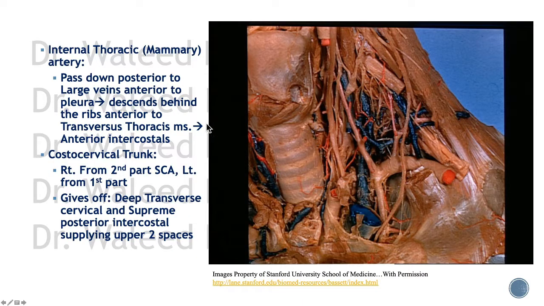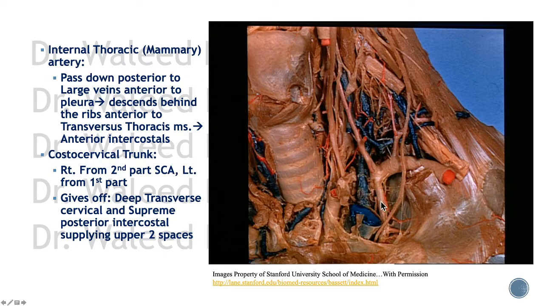That's it about the thyrocervical trunk. Now there's another branch, the internal thoracic, or the old name is internal mammary artery. It comes from the inferior aspect of the first part of the subclavian artery. There it is. See that?